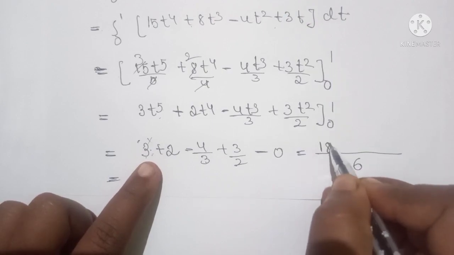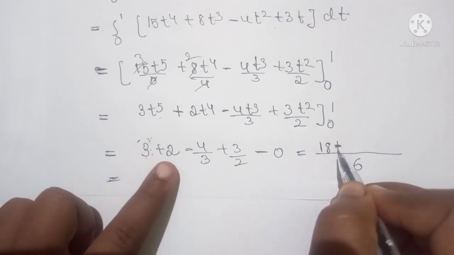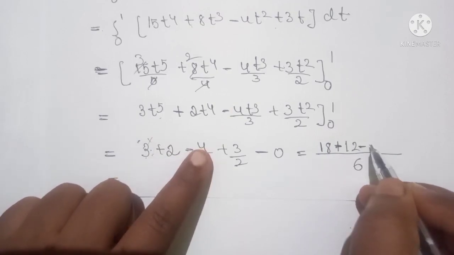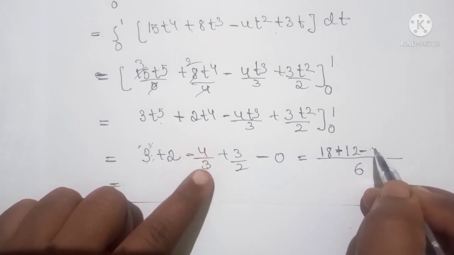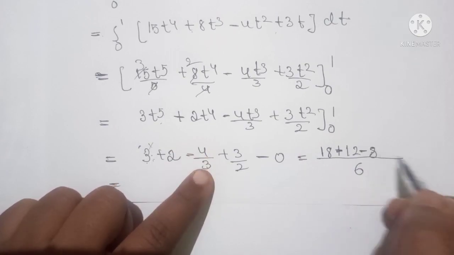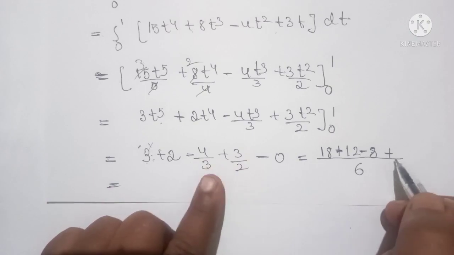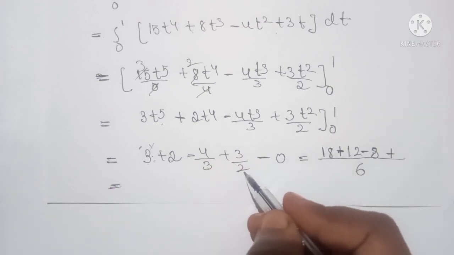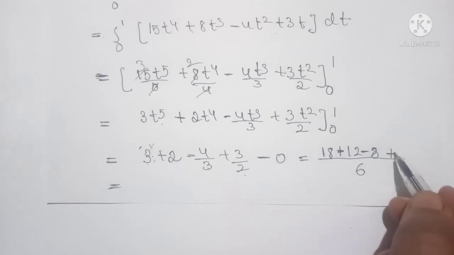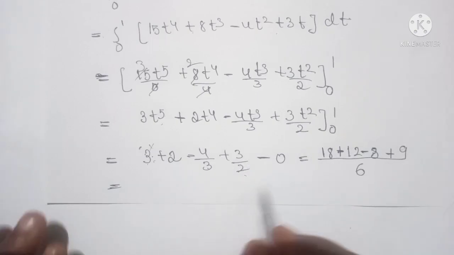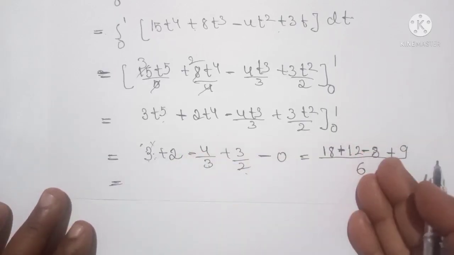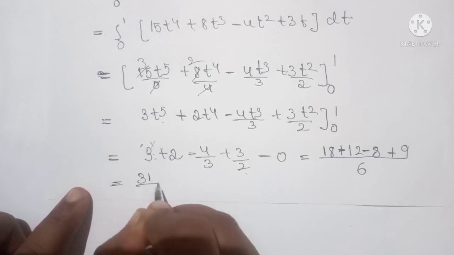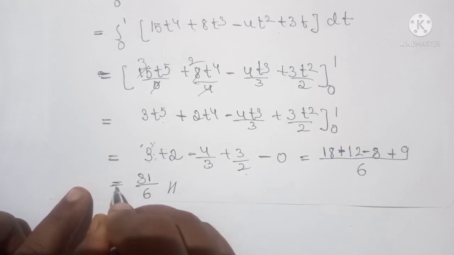So 3 into 6, 18, 2 into 6, 12, minus 4 into 2, 8, plus 3 into 3, 9. Adding all these terms we get 31 divided by 6. So this is the required answer.